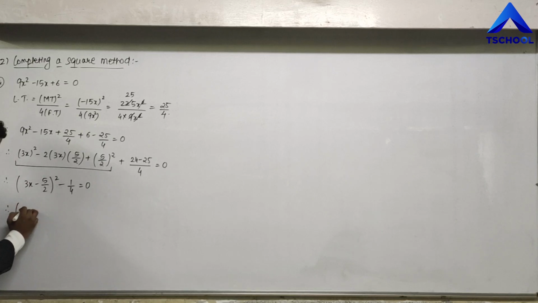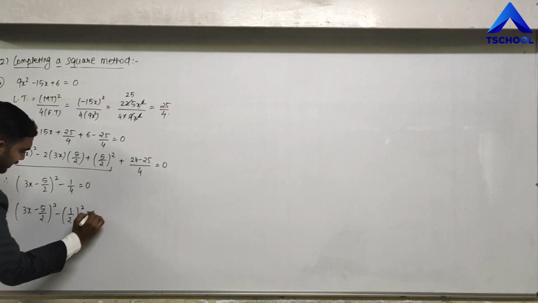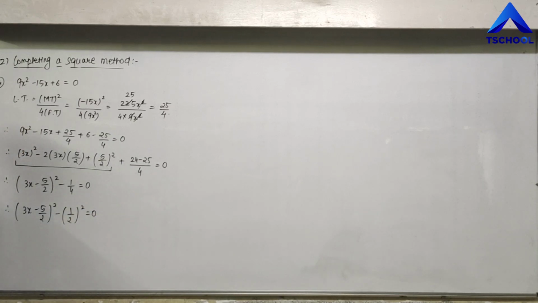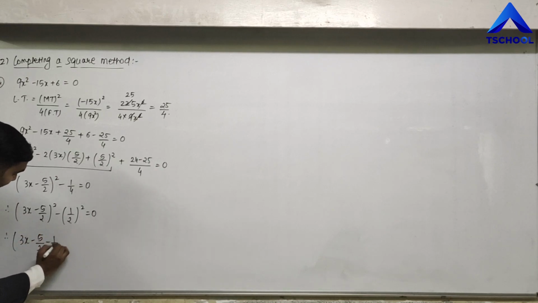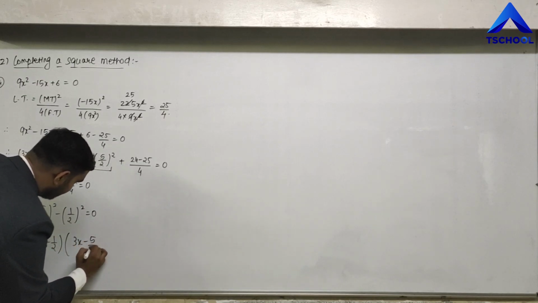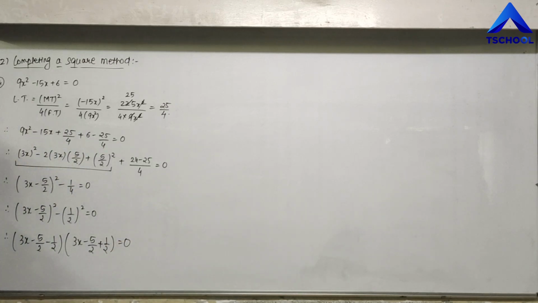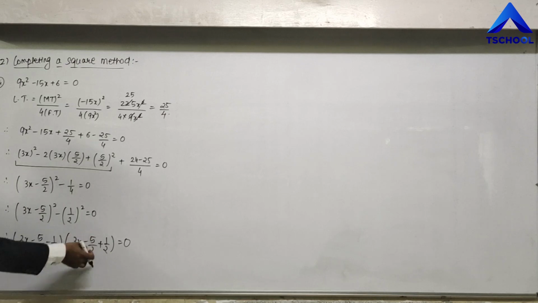Therefore 3x minus 5 by 2 whole square minus 1 by 2 whole square is equal to 0. Hence we apply the formula of a square minus b square, that is a minus b into a plus b, that is a minus b and a plus b.